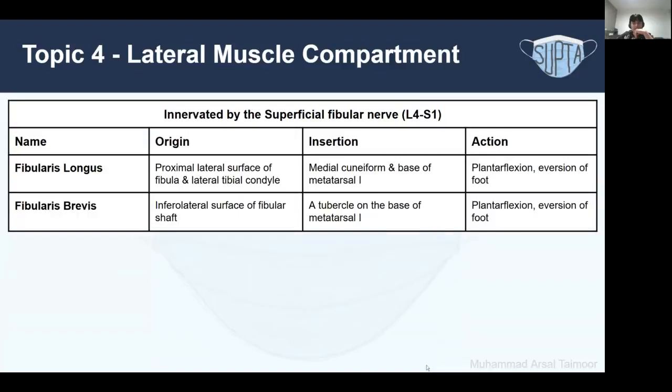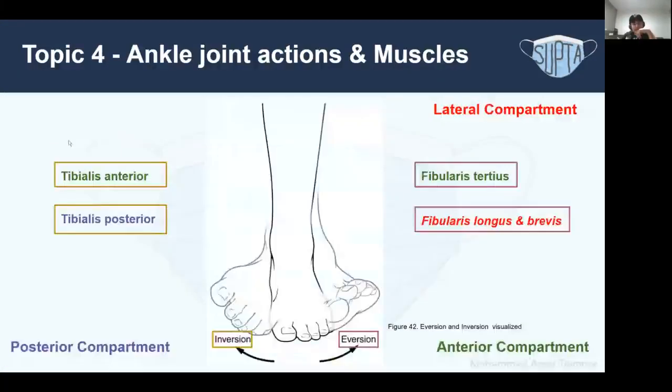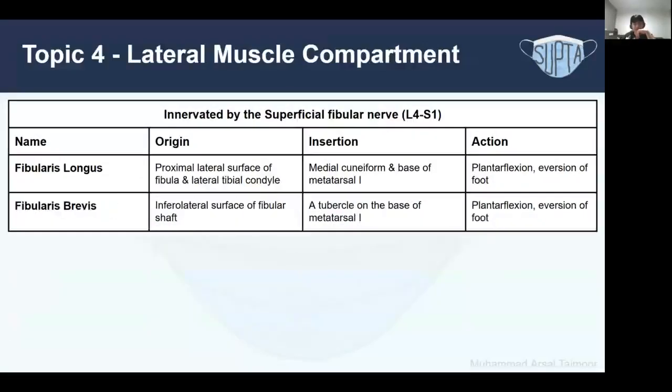Innervated by the superficial fibular nerve, so L4 to S1, it's the lateral compartment, and main function is plantar flexion and eversion of the foot.